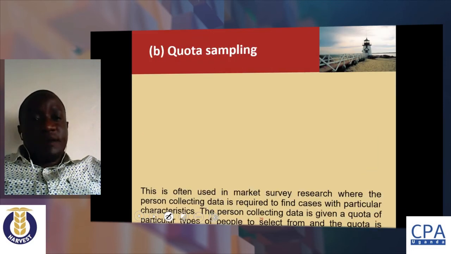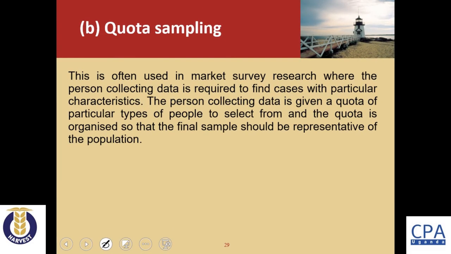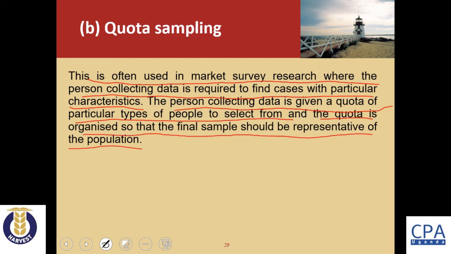Next, we have quota sampling. We are saying that this is often used in market survey research, where the person collecting data is required to find cases with particular characteristics. The person collecting data is given a quota of particular types of people to select from, and the quota is organized so as the final sample should be representative of the population.